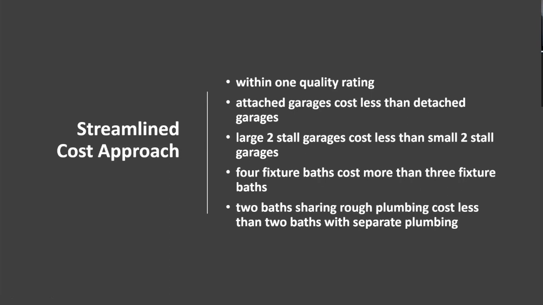Now 2 baths sharing the same rough plumbing, in other words, one above the other or one back to back with the other, will cost less than 2 baths with separate plumbing, right? In a lower cost house with 2 bathrooms, they'll usually be sharing the same rough plumbing. And if you get into complex floor plans, higher quality houses, they might have separate plumbing just to make sure that the floor plan works the way the owner wanted it.